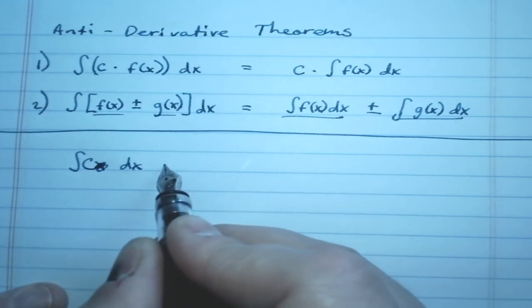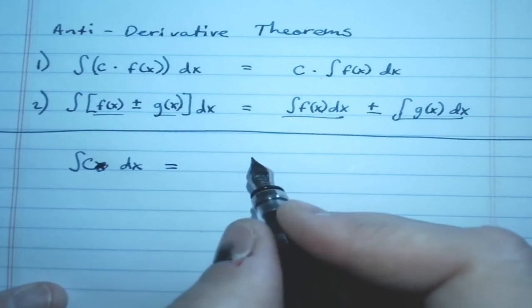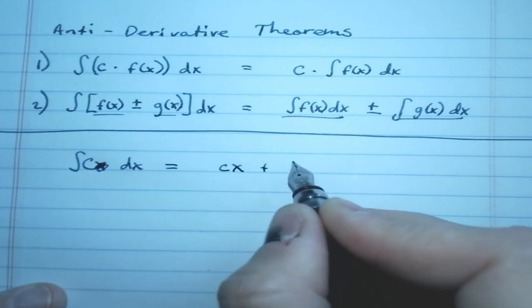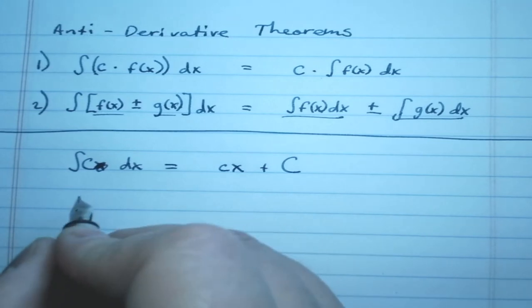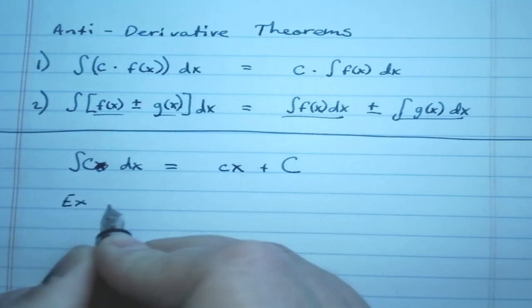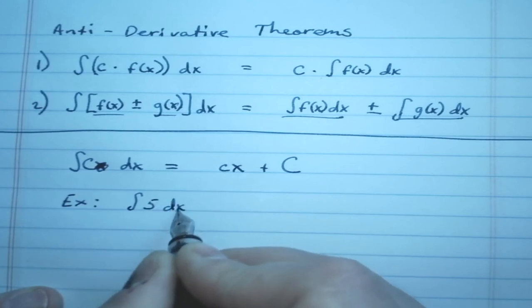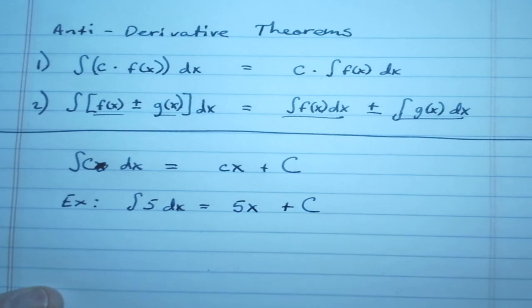We already said that that was going to be equal to what? Antiderivative of a constant with respect to x was cx plus c. Okay? So, for an example, the antiderivative of 5 would be 5x plus c.